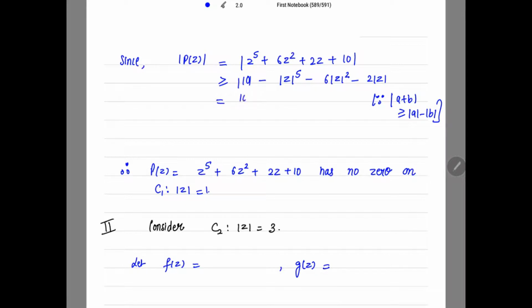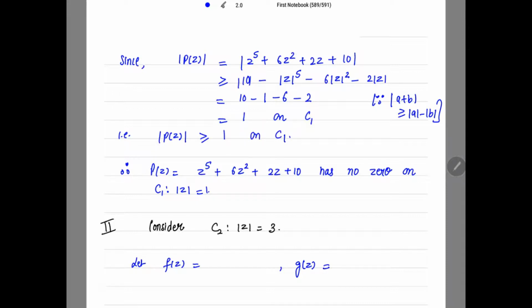to, this is 10, this is 1 on C1, mod z is equal to 1, this is minus 6, this is minus 2, which is equal to 1 on C1. So this mod of Pz, therefore, that is mod of Pz is greater than or equal to 1 on C1.